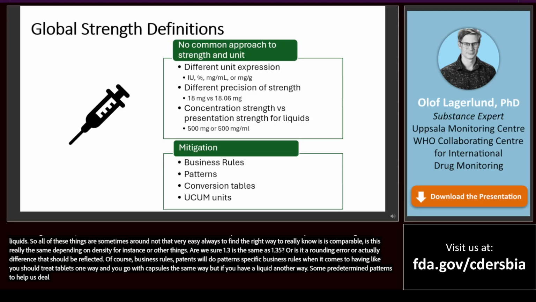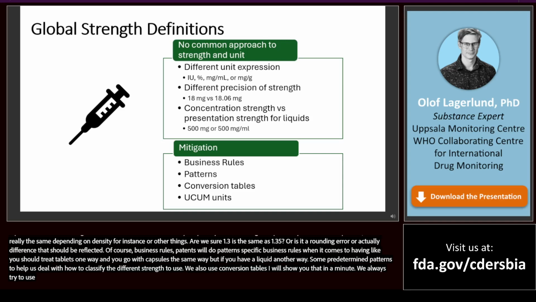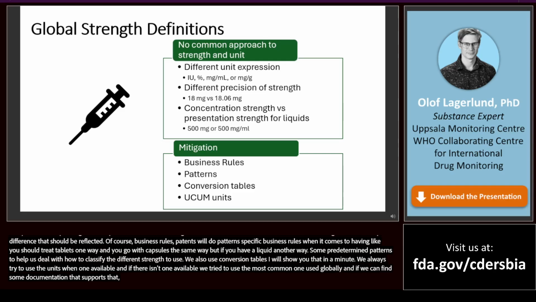We also use conversion tables, and I'll show you that in a minute. And units, we always try to use the UCUM units when there is one available. If there isn't one available, we try to use the most common one used globally. And if we can find some documentation that supports that, that's excellent. But hopefully we can use UCUM units in most cases.